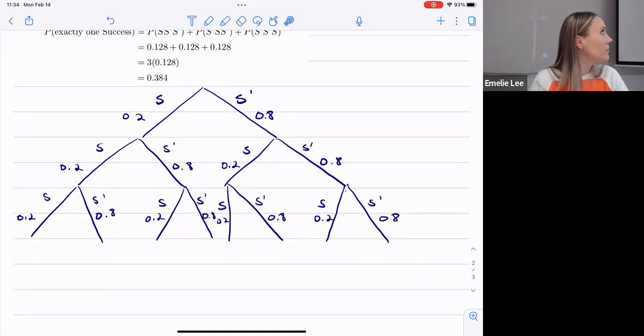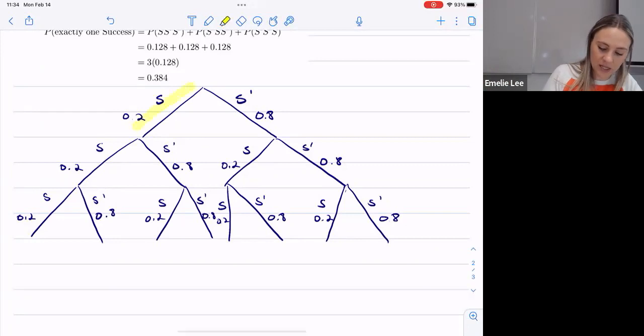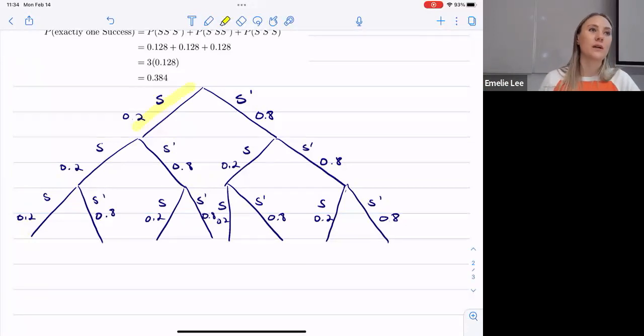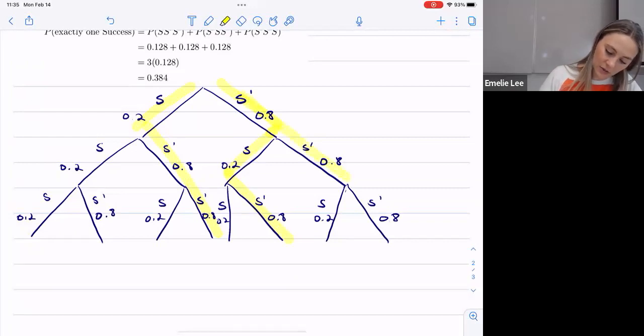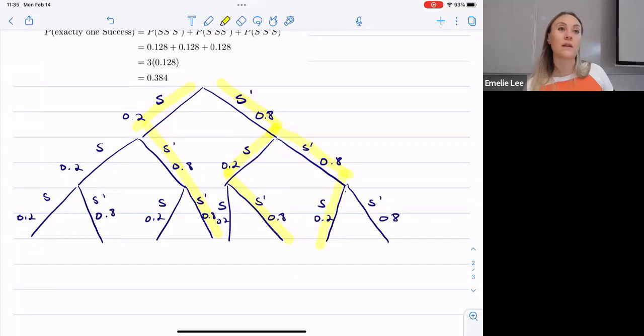So exactly 1 happens, well, if the first one goes in, then the remainder can't go in because otherwise I don't have exactly 1. So that one's kind of easy enough. If the first one doesn't go in, then I can have the second one go in, which means that the third one cannot go in for exactly 1. Or I can have the first one not go in, second one not go in, but then the last one has to go in.